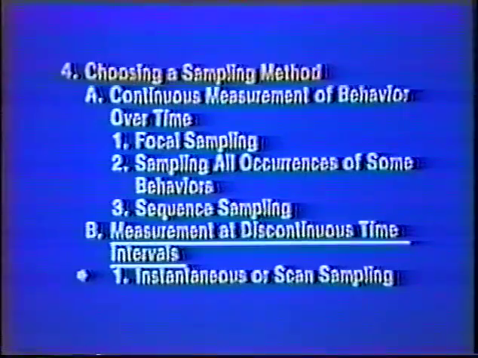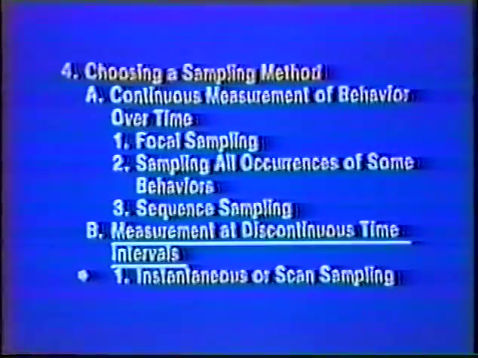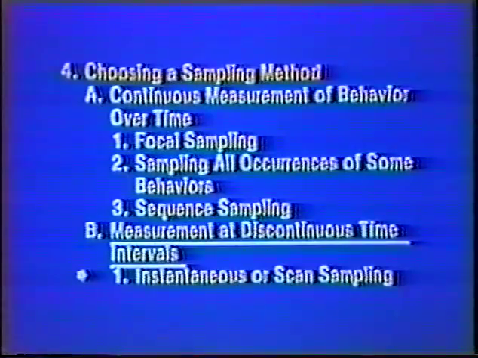A sampling strategy that measures behavior at discontinuous time intervals is called instantaneous or scan sampling. With an instantaneous sampling method, the observer records an animal's activity at preset and instantaneous time intervals, for example, every 20 seconds over an hour.